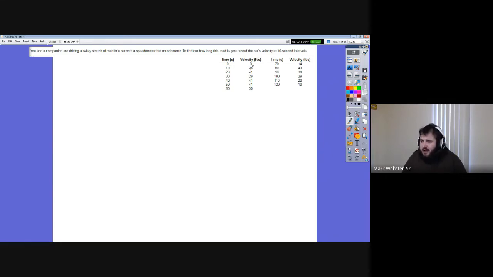In 10 seconds, we went 26 miles an hour. Another 10 seconds, we were going 41 miles an hour. So it's every 10 seconds, and then we check the velocity, and we use that for the most recent 10 seconds, is basically what we're saying, right?